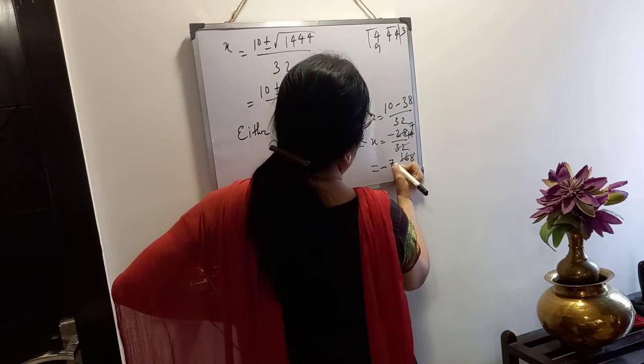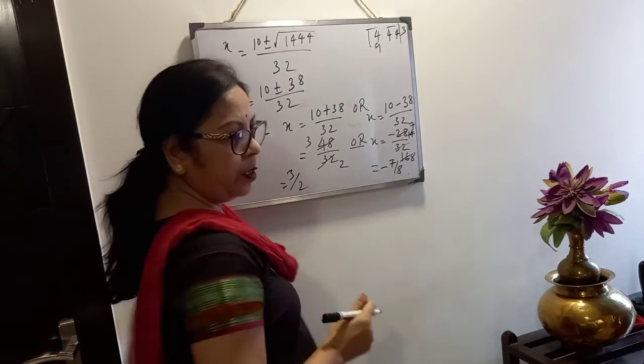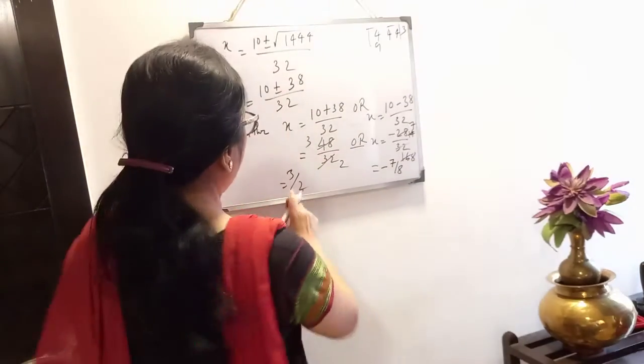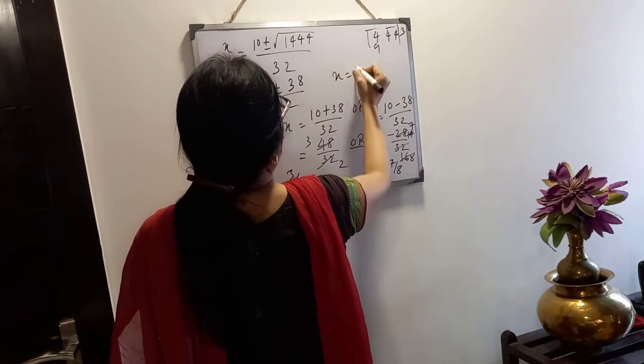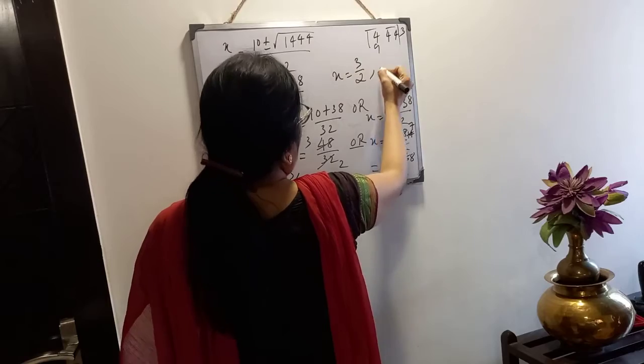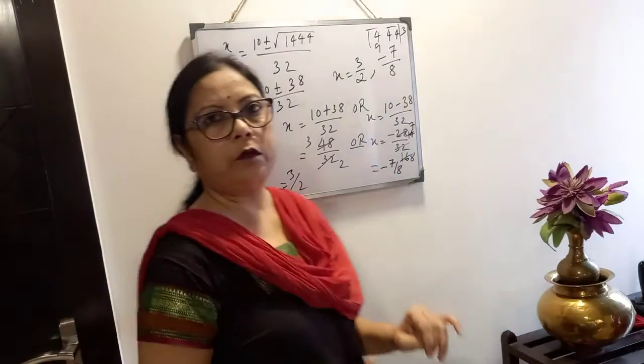So it is becoming minus 7 by 8. So one value we are getting plus 3 by 2, another is minus 7 by 8. When you write the answer, you write both the values together. 3 by 2 and minus 7 by 8 are the solutions.